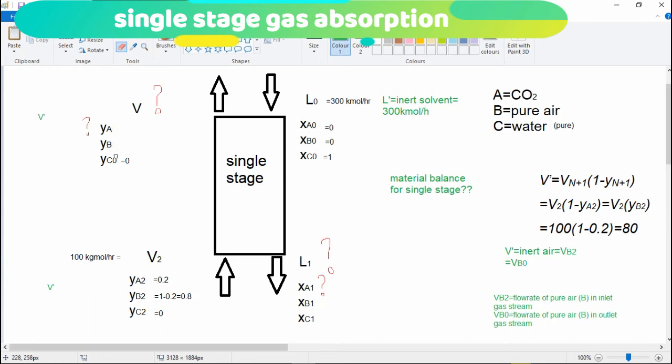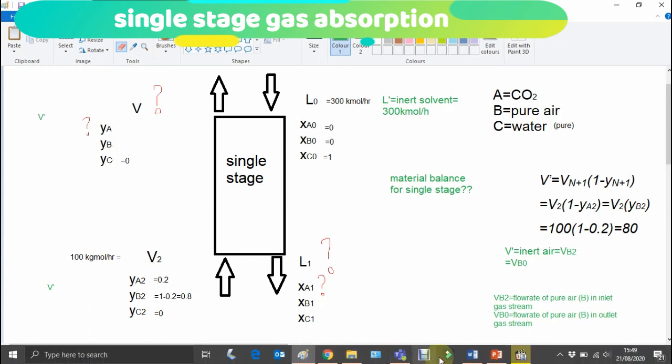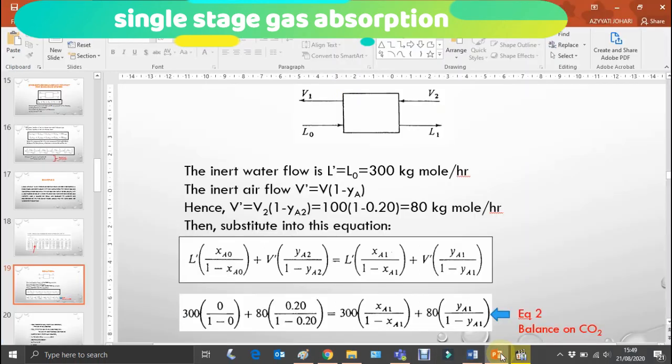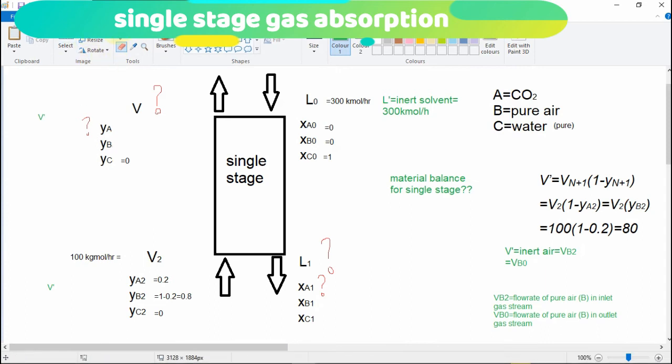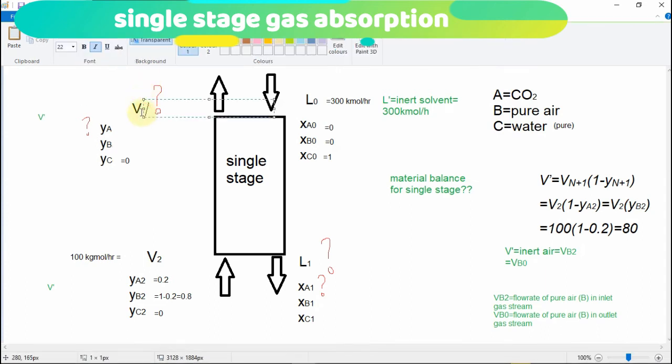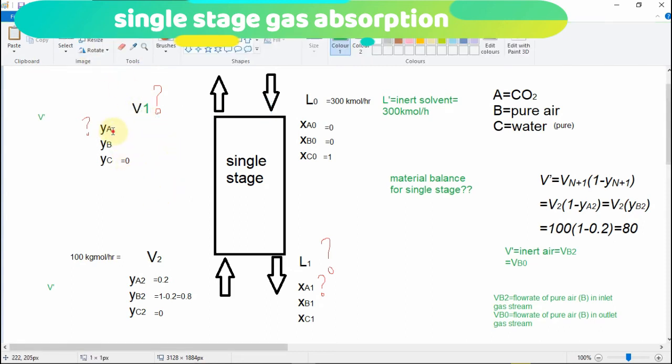Sorry, for naught it refers to the inlet. B1, this is 1. So this will be 1, YB1, YC1. Okay, this one, right? Sorry about that.